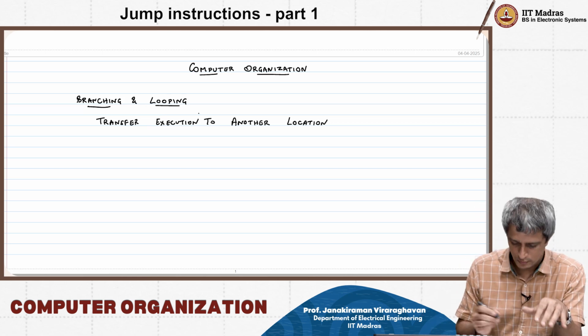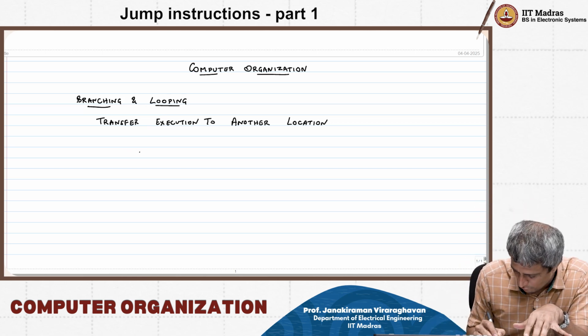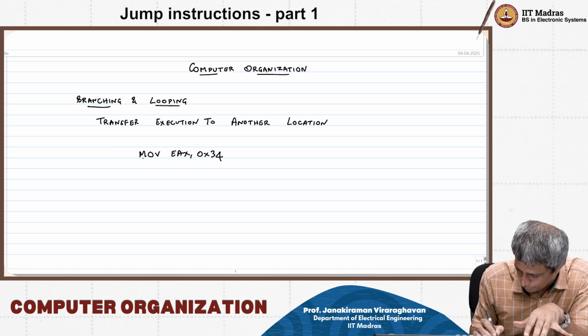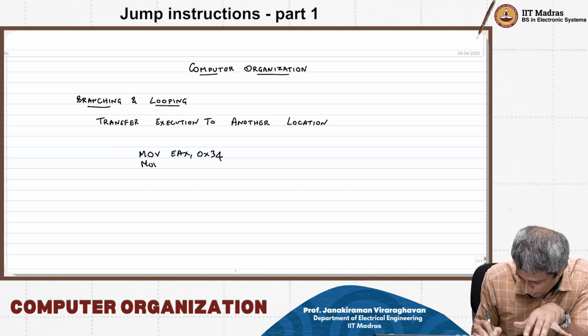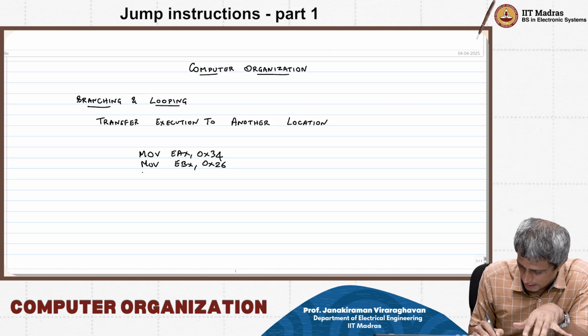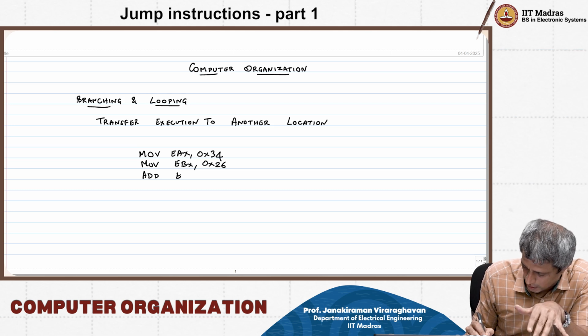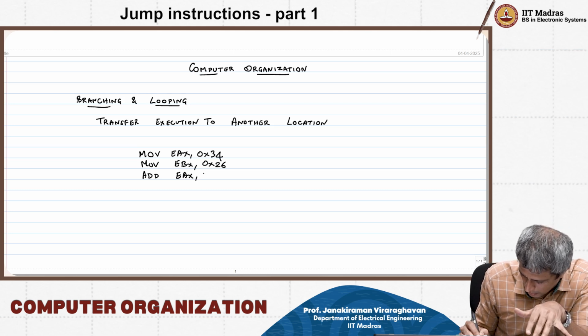Okay, so let's assume that we have some random program like this: move EAX, 0x34, move EBX, 0x26, and then I do add, and let's say EAX, EBX.